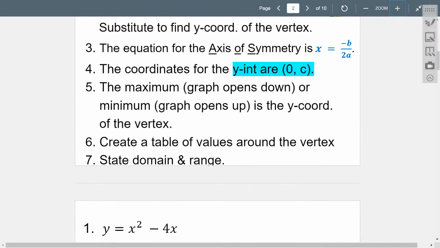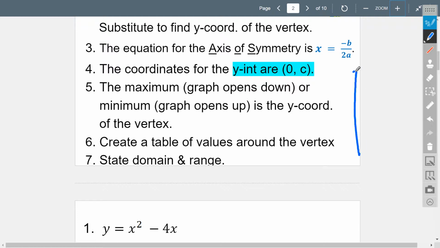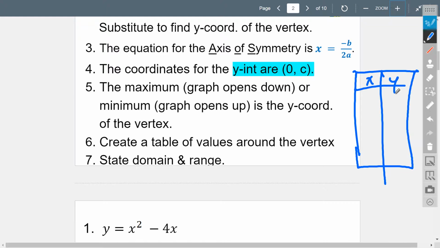We can graph the entire quadratic function or quadratic equation by creating a table of values around the vertex. This is very similar to the way we graphed an absolute value function. We put the vertex in the middle, and then we picked two values above and two values below, or two values to the left and two values to the right, and we graphed those.